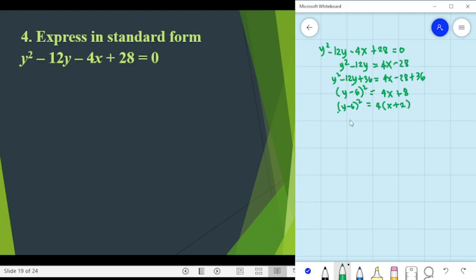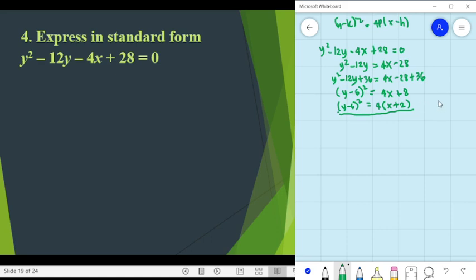So from here, you can see that the parabola is opening right because y is the one squared, and your 4p is positive. So you can say that from this statement, it is the same as the quantity y minus k squared equals 4p quantity x minus h.